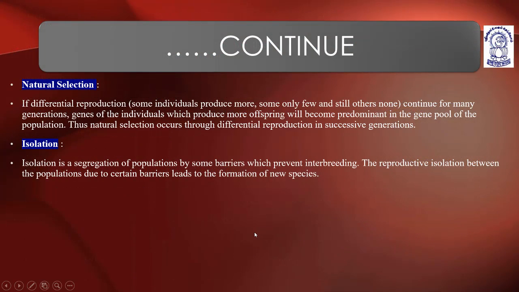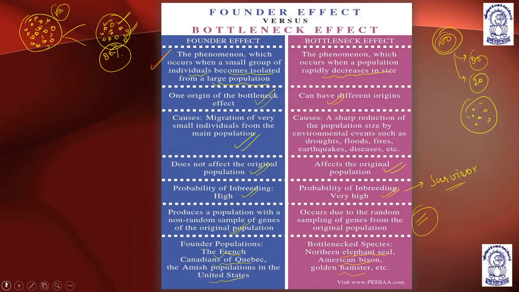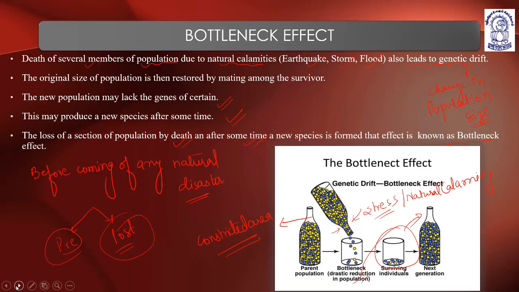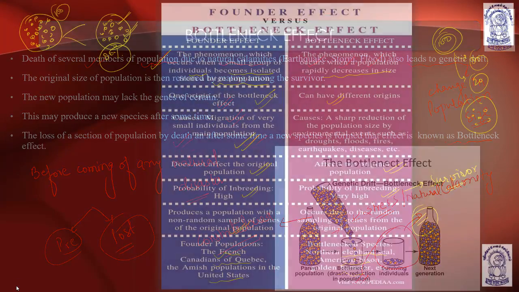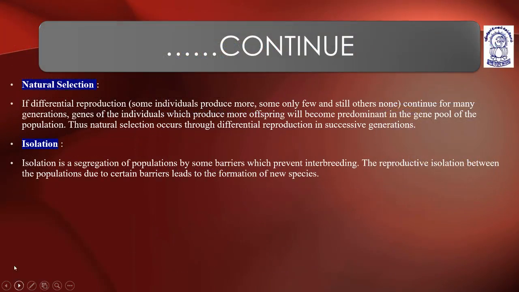Now we are moving to our topic, natural selection. This is the part we were doing last time, okay? We have done the bottleneck effect and the founder effect, and that part contains natural selection. If differential reproduction, where some individuals produce more, some only few, and still others none, continues for many generations, the genes of the individuals which produce more offspring will become predominant, and that will be obvious in the gene pool of the population.